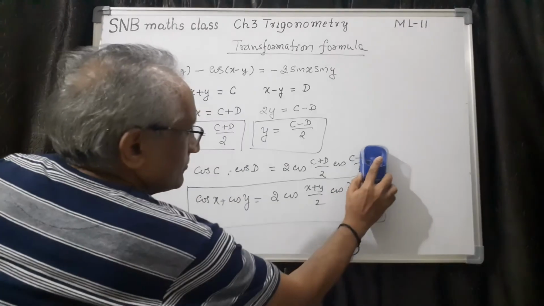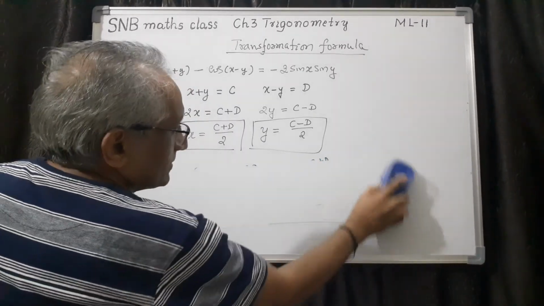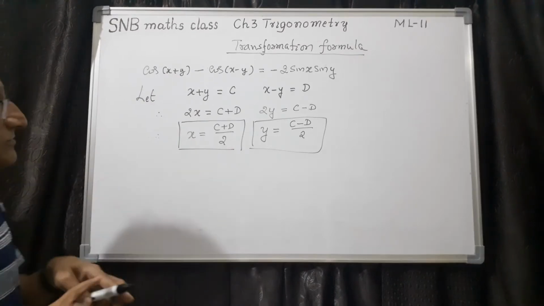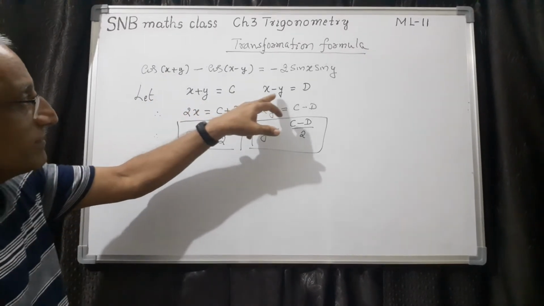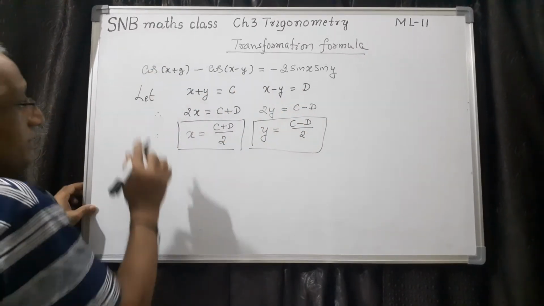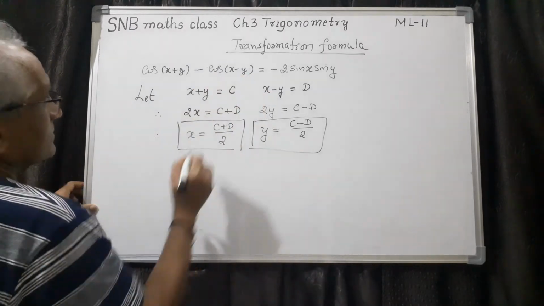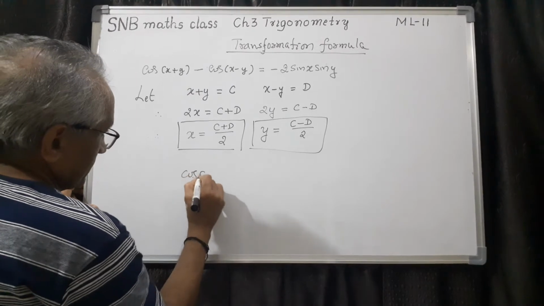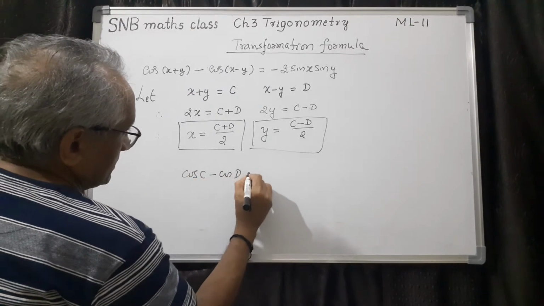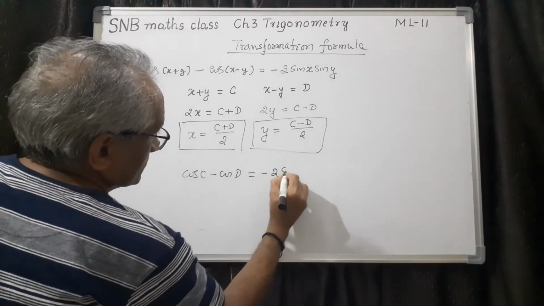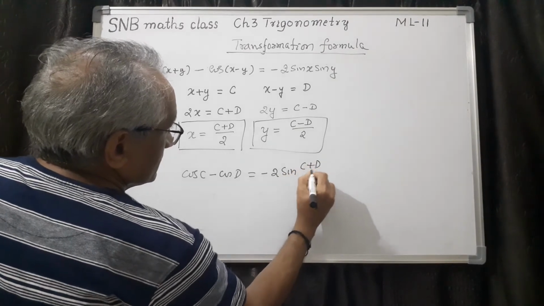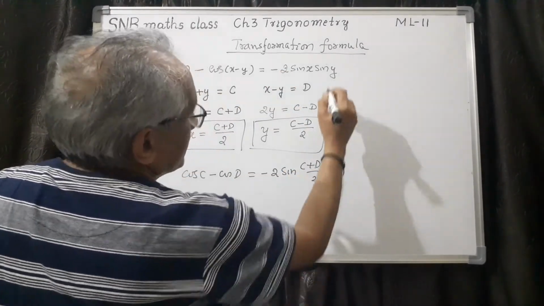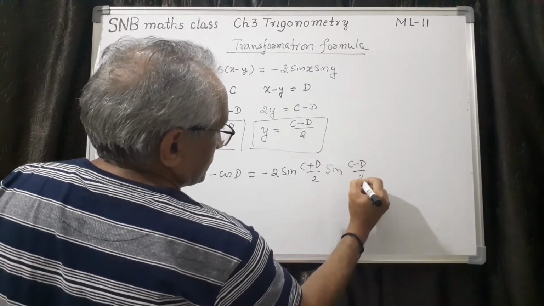Rest of the things of course here. Let me remove this, there are so many changes here. So this part is common in all the proofs, that is you have to assume x plus y equal to c, x minus y equal to d. So when you take x plus y equal to c, cos c minus cos d will be equal to minus 2 sine c plus d by 2 sine c minus d by 2, because x is c plus d by 2 and y is c minus d by 2.